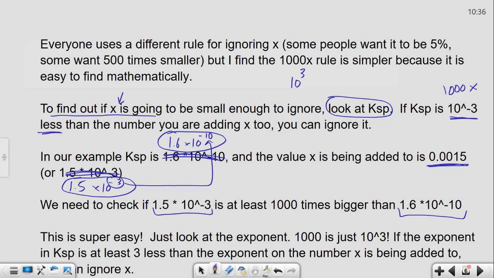So just look at the exponent, right? 1,000 is just 10 to the power 3. If the exponent of KSP is at least 3 less than the exponent here. So is negative 10 3 or more less than 10 to the negative 3? Well, yeah, it's way less. It's 7 less than 10 to the negative 3. Then you can ignore x.